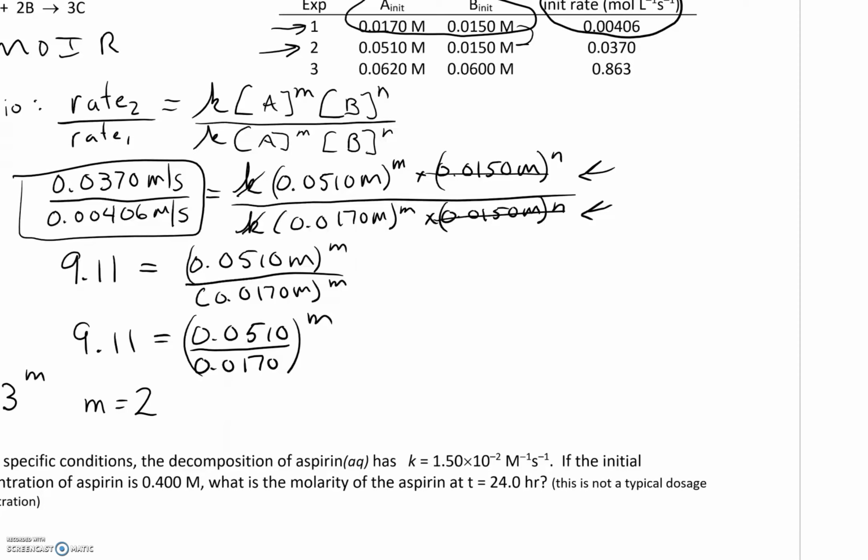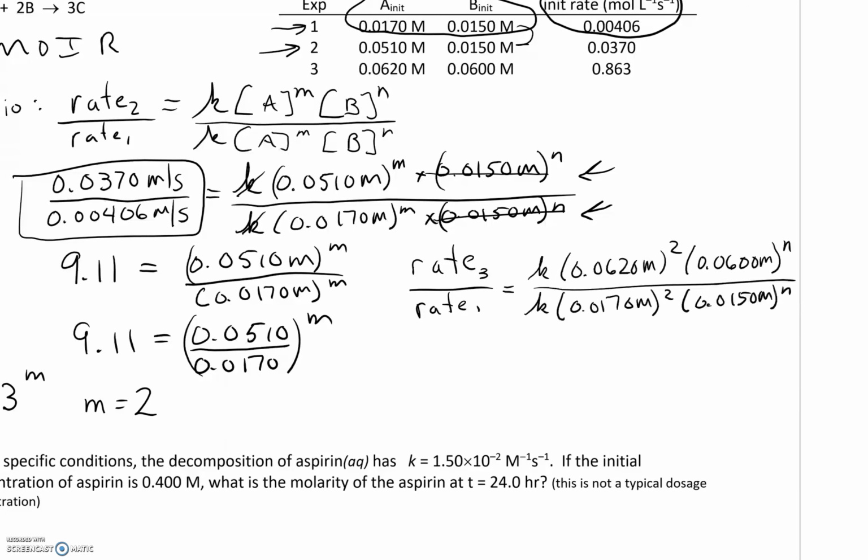We can set the same kind of thing up, picking any other two experiments. In this case, I'll use experiment 3 compared to experiment 1. I can set that up just like I did before.